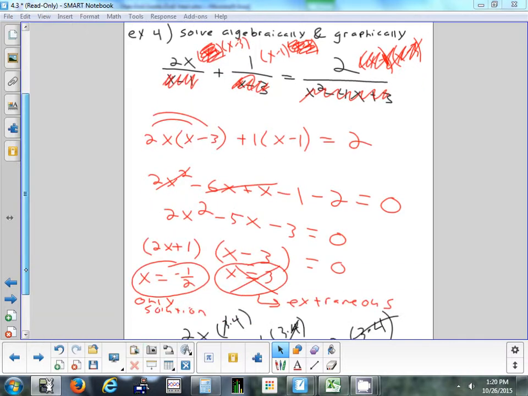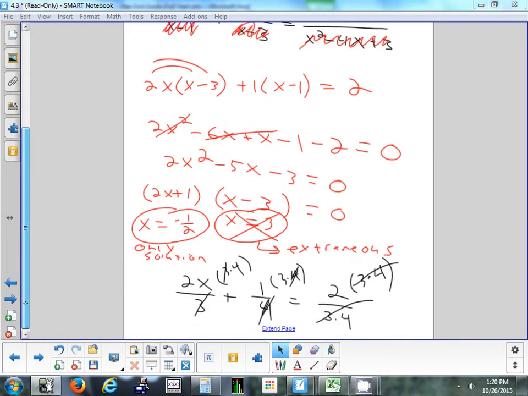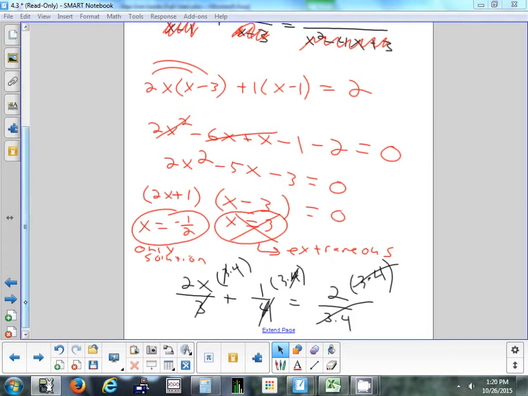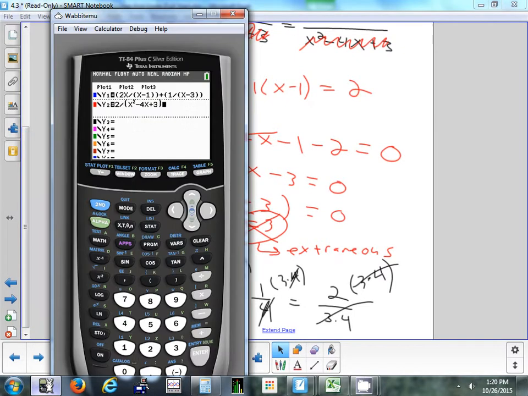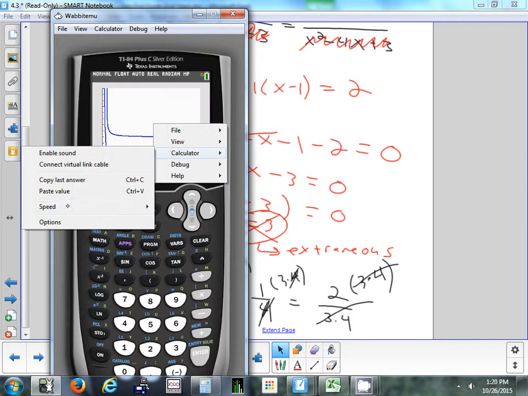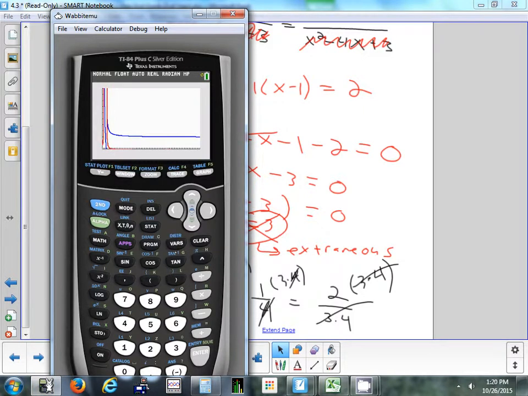Okay, and where should these graphs cross? Yeah, you already know the answer. Should, if we did everything correct and I typed everything in, just our window. All right, let's go with zoom 6.